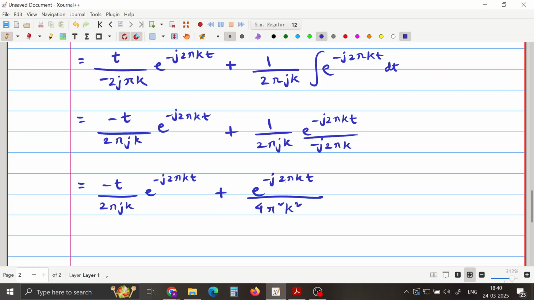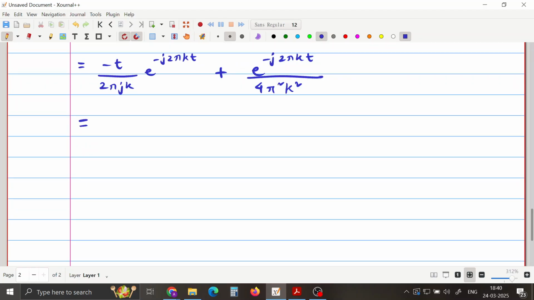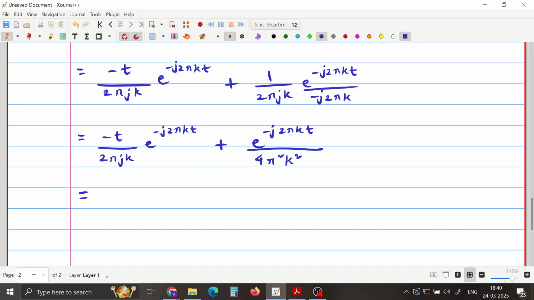So I have overall 4 pi square k square into 1, which is the same as 4 pi square k square. So that's the integral. You can take common also, but I think this form is fine.